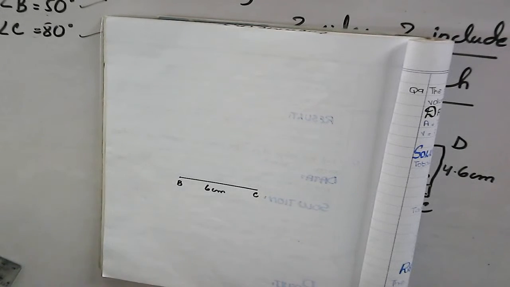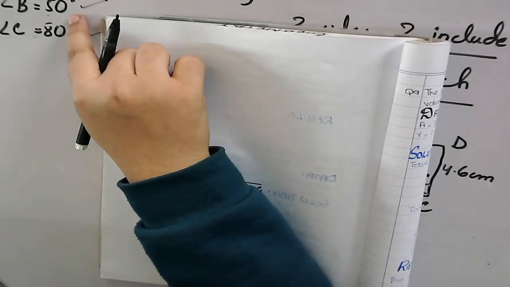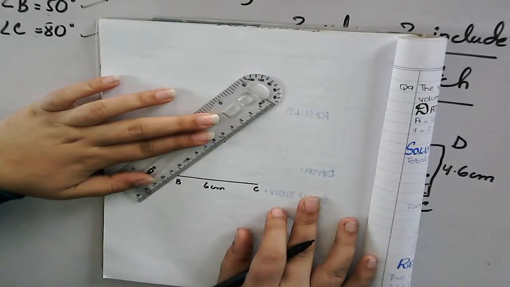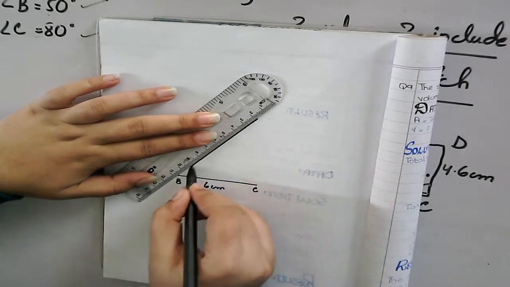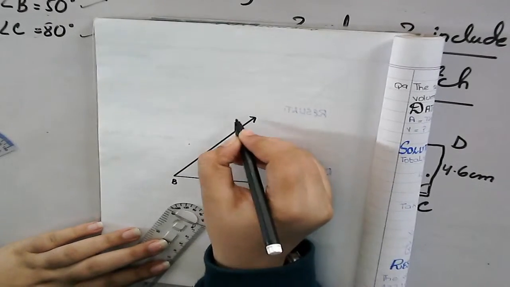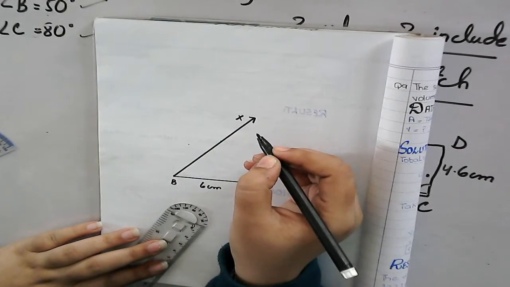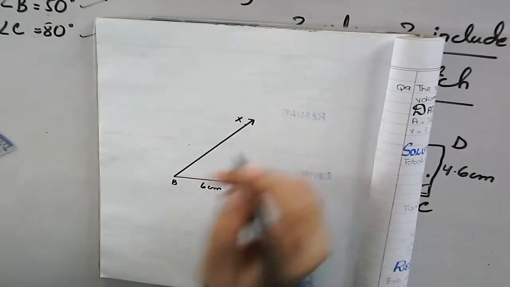After that, what you have to do? Now from B and C, you have to make angles of 50 and 80 degree, because the angles are given. Name them as X.